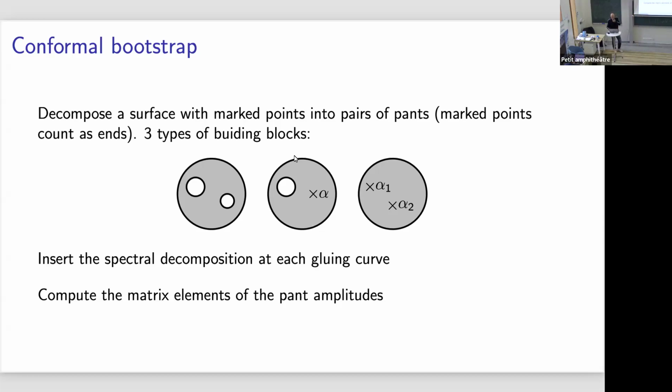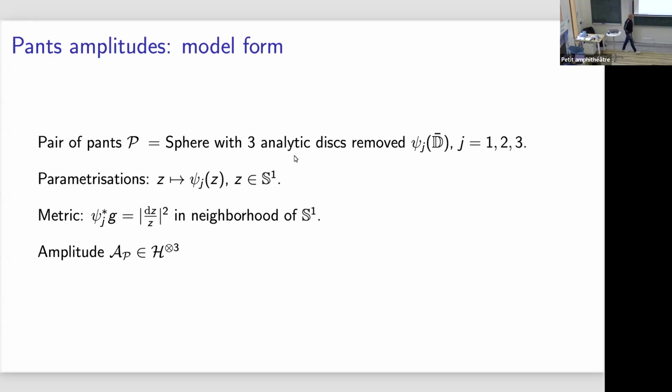Okay, so the next step is to compute the matrix element of this band amplitude. I will discuss only the general setup where you have 3 holes, since you cannot always uniformize this band with 3 holes. So it amounts to choosing 3 disks.